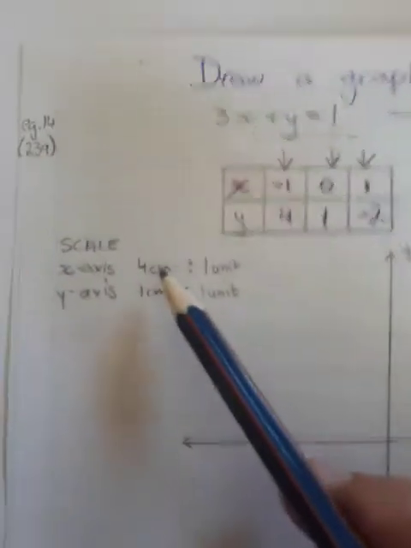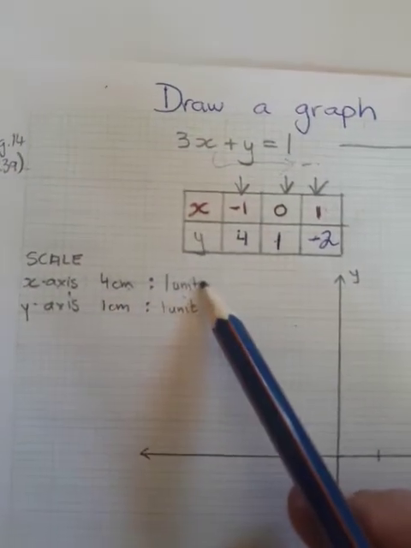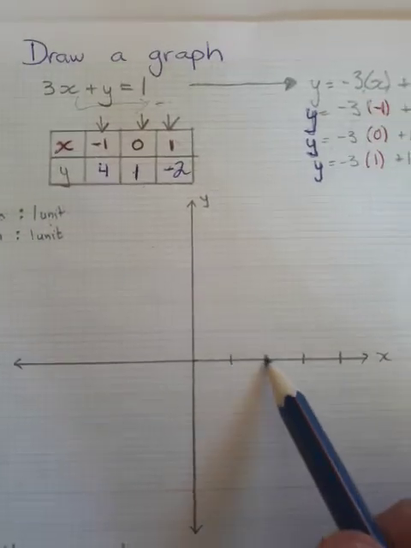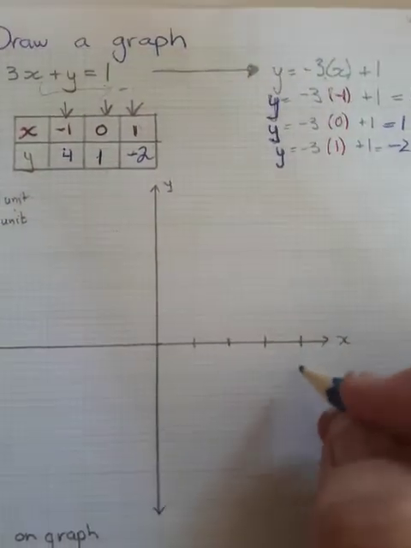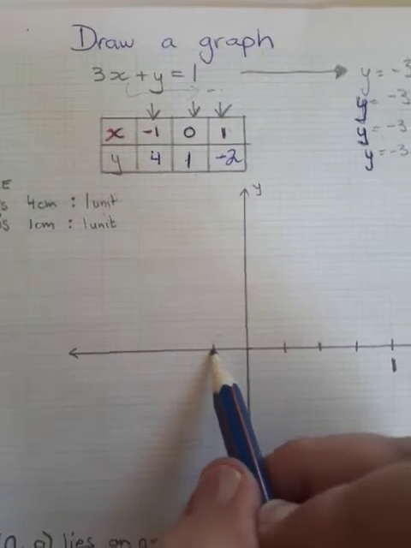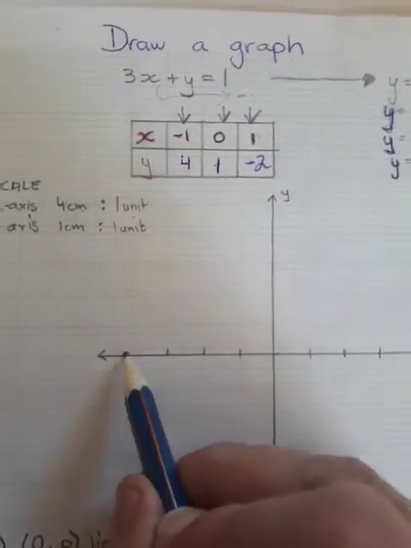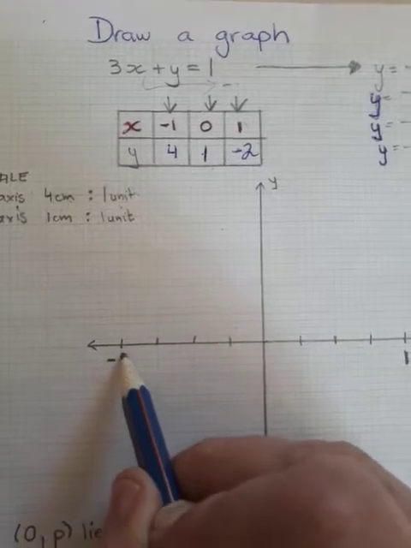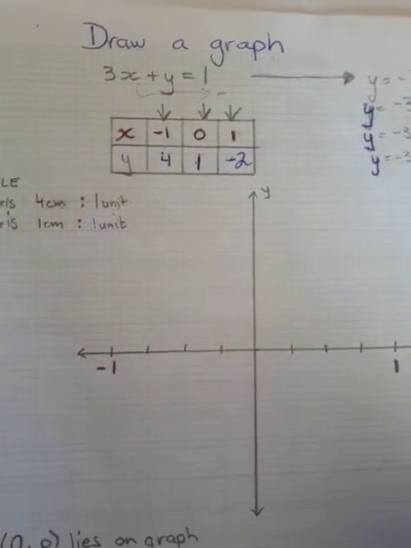Now you must get 4 centimeters to get 1 unit. 1, 2, 3, 4 centimeters to get 1 unit. On the other side, 1, 2, 3, 4 centimeters to get 1 unit.